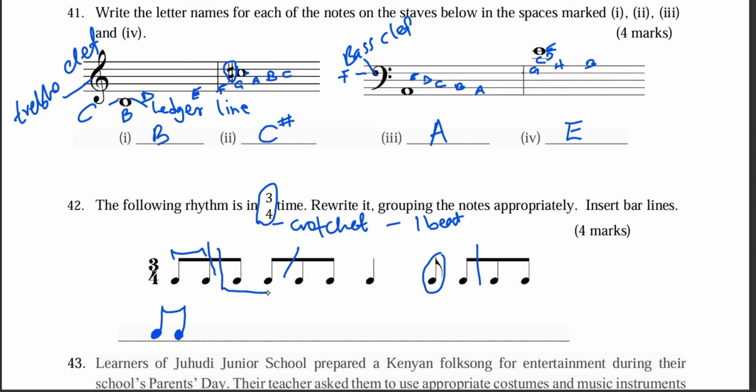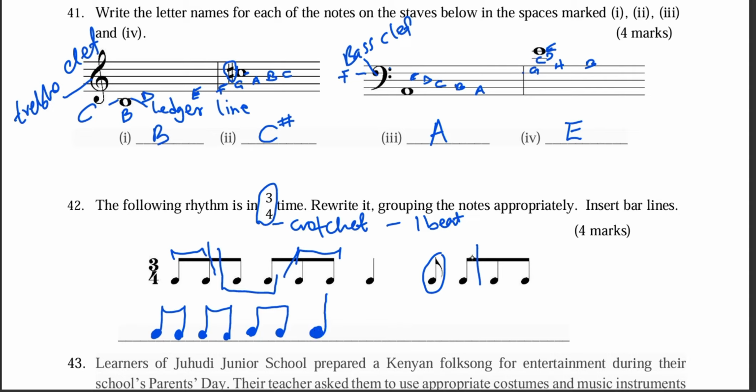Then this one we're going to combine with this to give us another pair of quavers. We are left with another pair here, that is this one here. Then a crotchet is a whole beat. This one will stand alone.